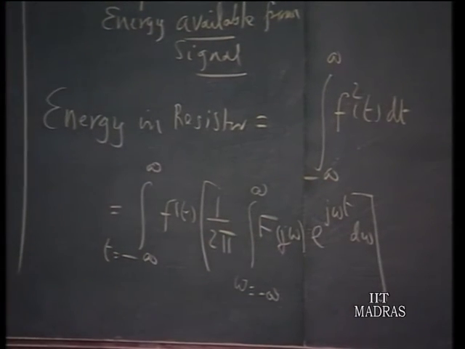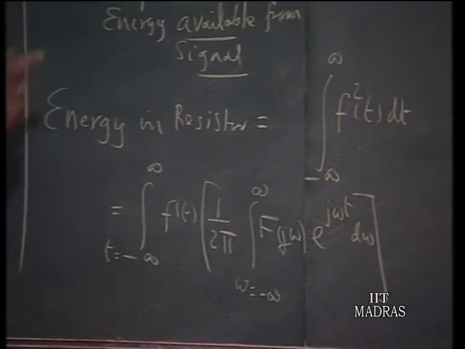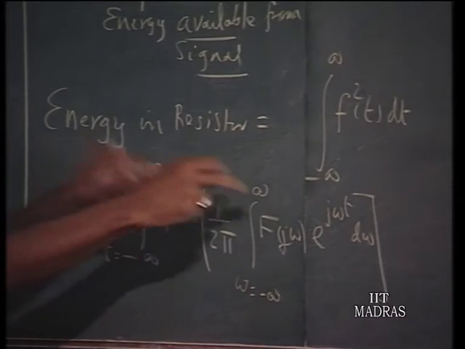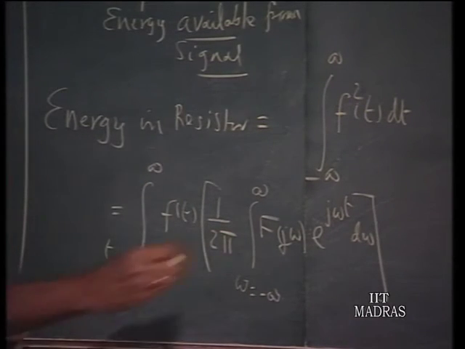This is the expression for f of t. So, instead of writing f square t, I multiplied f of t by another equivalent expression for f of t, times dt.